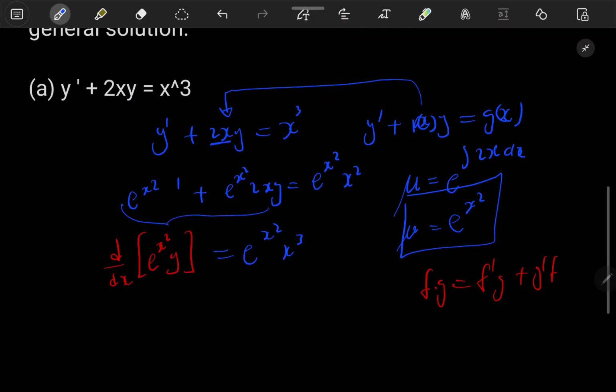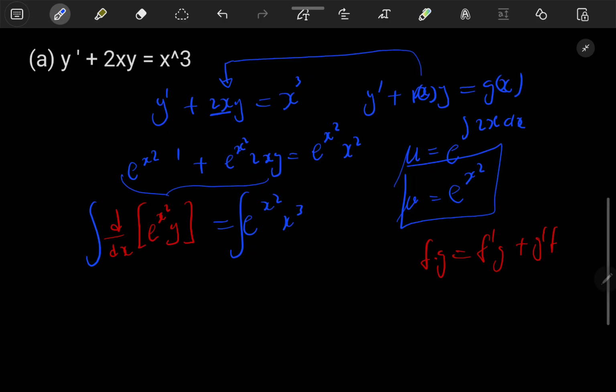From here, to undo differentiating, we have to integrate both sides in terms of x. The integral and the differential cancel each other.